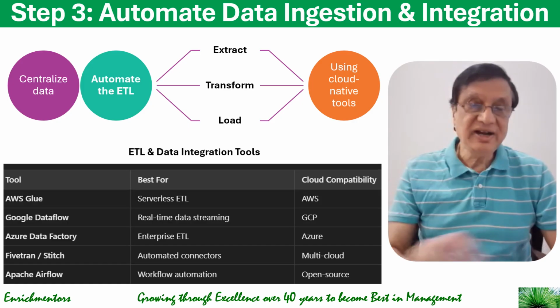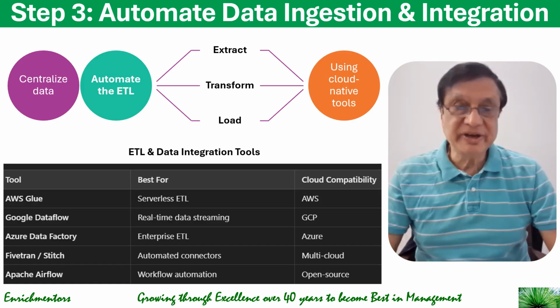There is AWS Glue, which is best for serverless ETL, and it is compatible with AWS. Then there is Google Dataflow, which is best for real-time data streaming. It's compatible with GCP, Google Cloud Platform. Azure Data Factory is a tool that is suitable for enterprise ETL, and it is compatible with Azure, obviously.